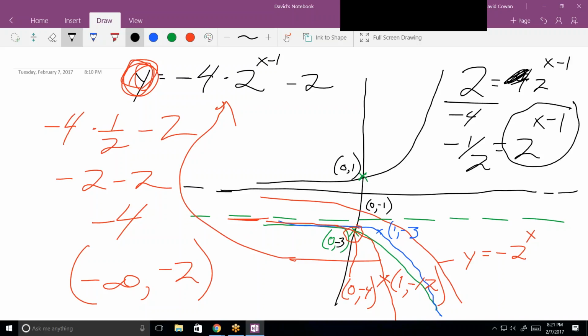Even if x is negative, that's a positive number. So there's no way a positive base to any kind of exponent can be negative. So that can't be solved. And we see from the graph that there is no x-intercept.